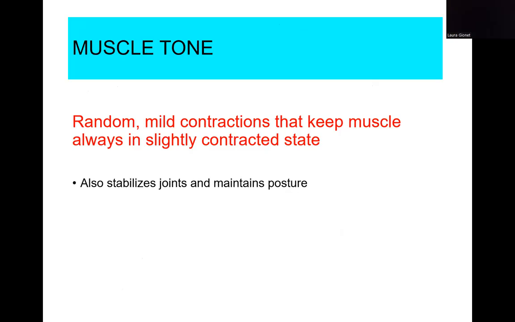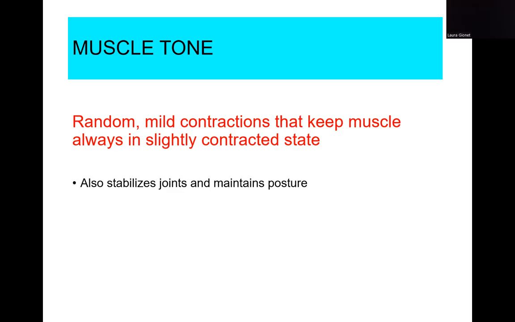All right, muscle tone. Muscle tone is the random mild contractions that keep muscle always in a slightly contracted state. It also stabilizes joints and maintains posture. So even with skeletal muscle, when you're sleeping or lying down, all the fibers and cells of, let's say, your abdominal muscles or your erector spinae muscles or your leg muscles relax, but they don't all relax entirely, 100%.